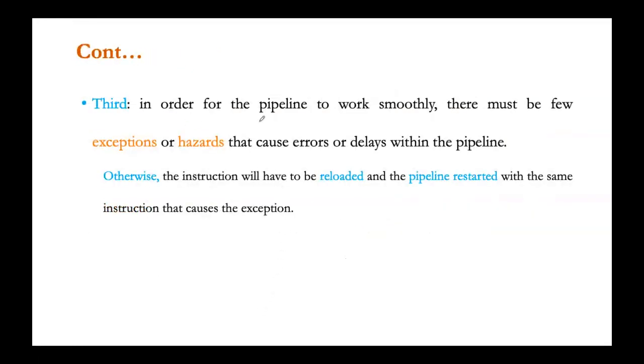Third, in order for the pipeline to work smoothly, there must be few exceptions and hazards that cause errors or delays within the pipeline. Otherwise, the instruction will have to be reloaded and the pipeline restarted with the same instruction that caused the exception.